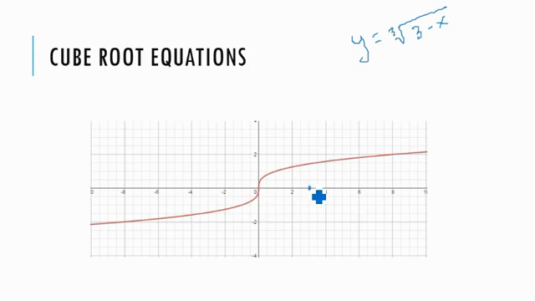It would be to the left first and then reflected, so therefore it would look like this. Okay, so it would have the same type of shifts. The only thing is there is also a negative and opposite side to the cube root function now, because we can take the cube root of negative numbers.